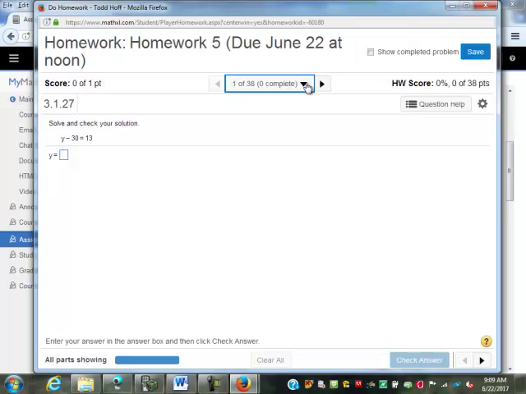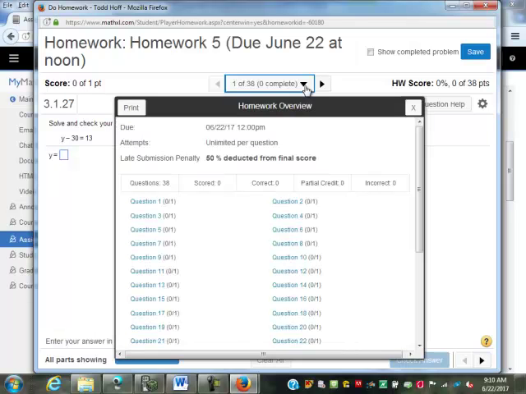So I just shut my computer down and restarted it, and then gave up. I took a break. One thing you can do is play around with different web browsers. I use Firefox because Firefox seems to work better for me. I know my math lab does not work well with Internet Explorer.